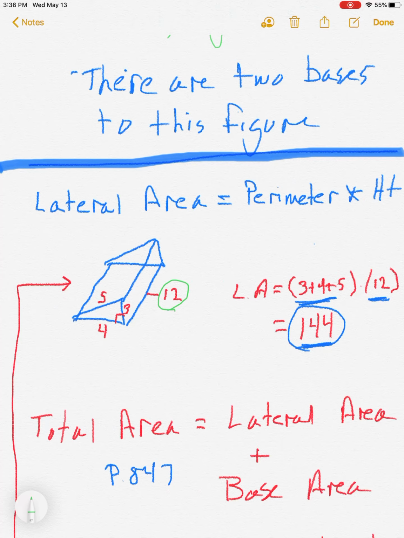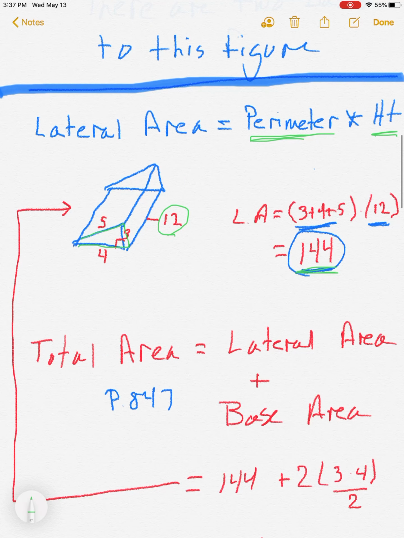And in order to find the lateral area, we have to take the perimeter and multiply by the height. The perimeter of the base is 4 and 3 and 5. That's 12. 12 multiplied by the height of 12 gives me a lateral area of 144.